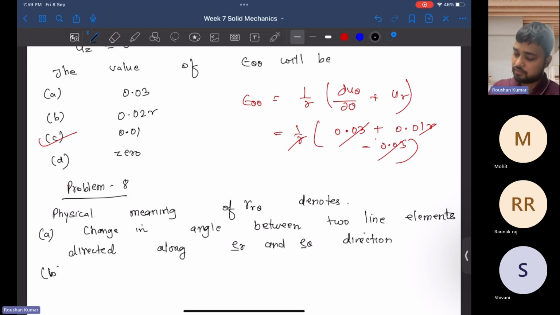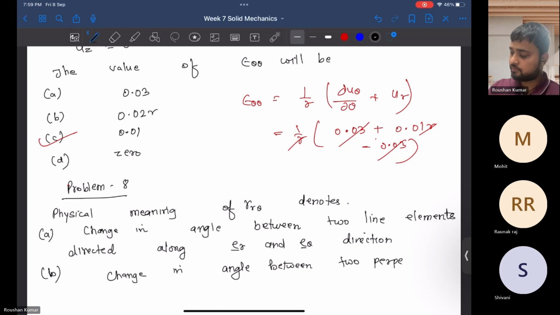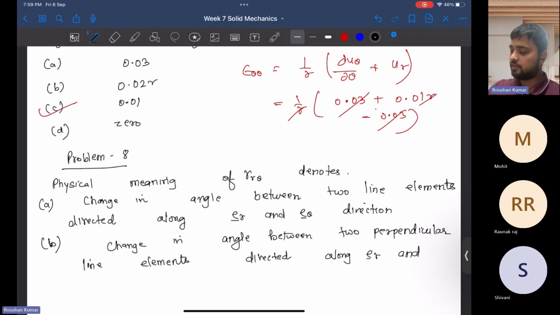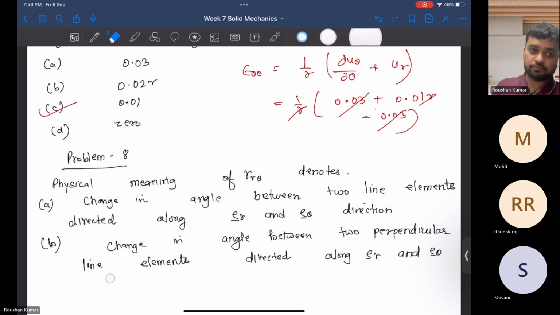The second option is change in angle between two perpendicular line elements directed along e r and e theta direction.